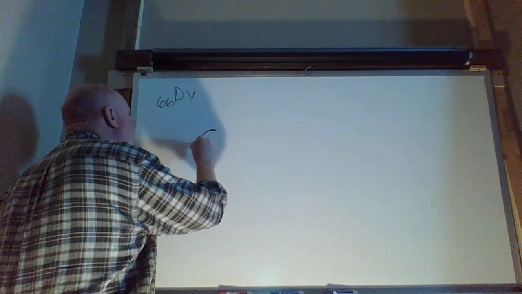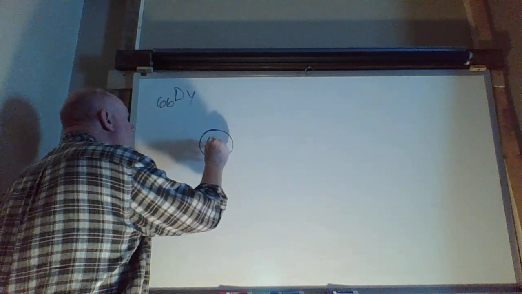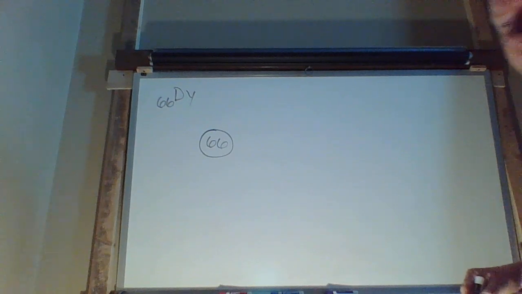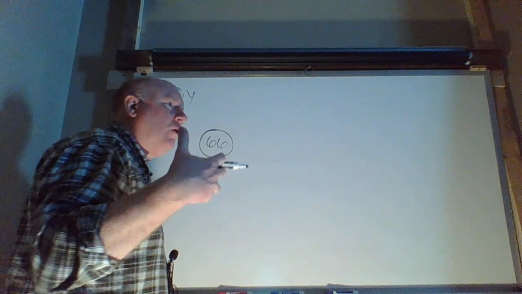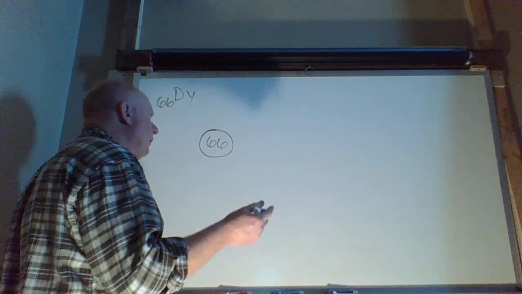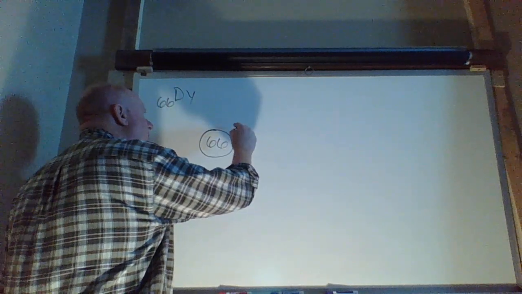Element Dy, element 66. So if we were going to do the Bohr model for that, of course, here's your nucleus. You've got 66 protons in there. And if you follow along with your slide rule, all these numbers should add together to give us, again, 66. And perhaps when you go over these again, you can follow along even without the slide rule, just by looking at the periodic table.